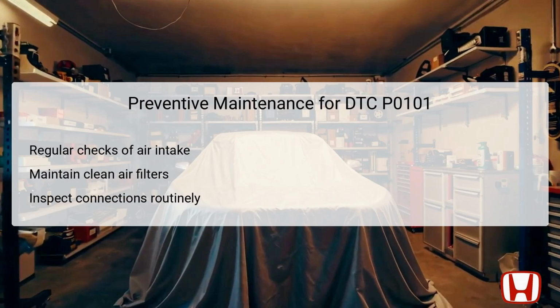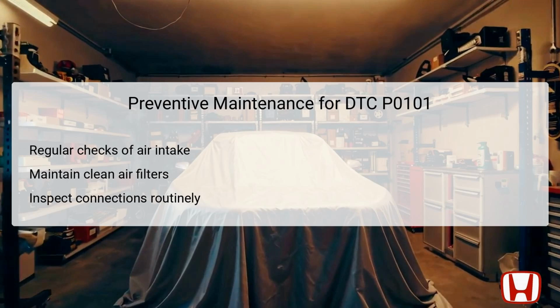Preventive maintenance is crucial in ensuring that issues like DTC P0101 do not recur in the future. Regularly checking the air intake system for any signs of wear, including hoses and ducting, can significantly minimize the chances of airflow disruptions. Keeping the air cleaner element clean and replacing it as needed will help maintain optimal airflow, preventing the MAF sensor from receiving incorrect readings due to blockages.